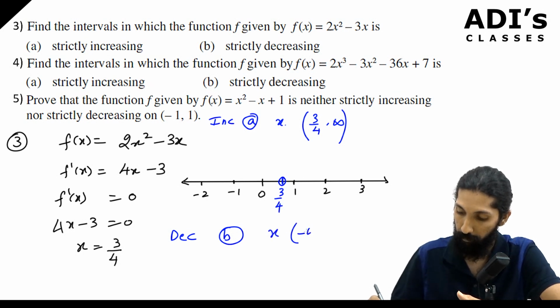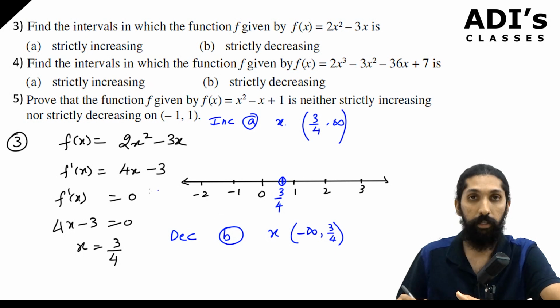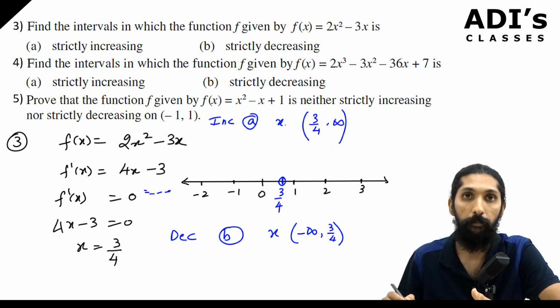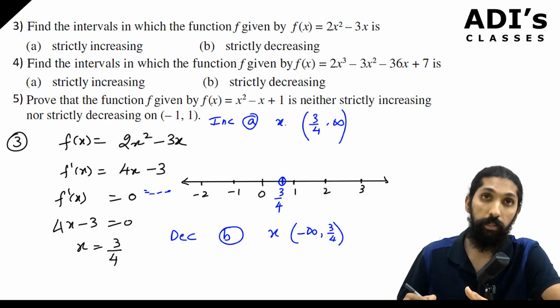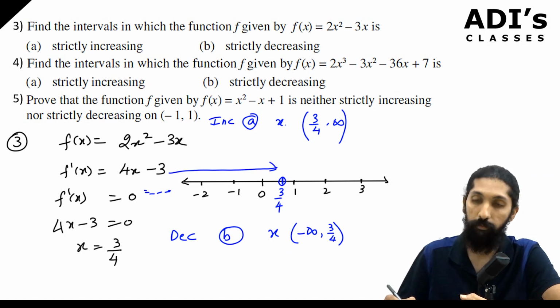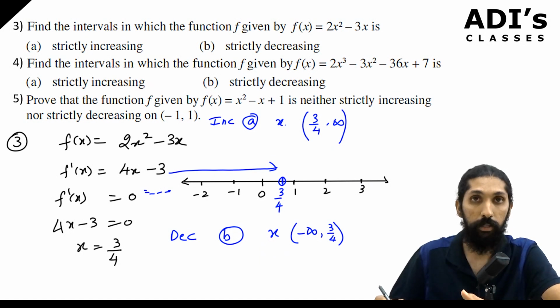Differentiate. f dash of x is equal to 3 into x plus 1 whole square into x minus 3 whole cube plus 3 into x plus 1 whole cube into x minus 3 whole square. So this is the value. Now we'll equate it to 0 and get the points.